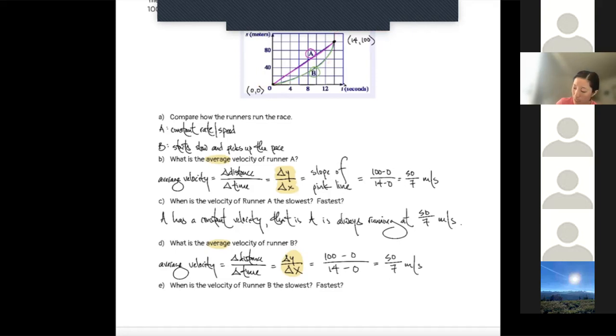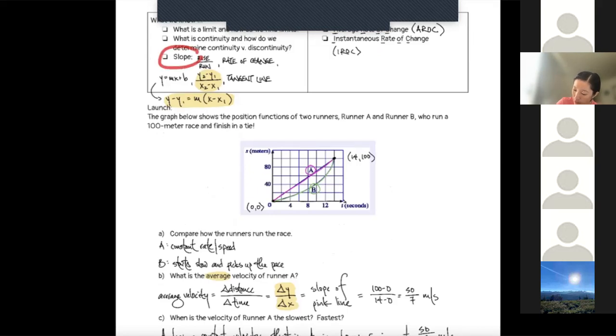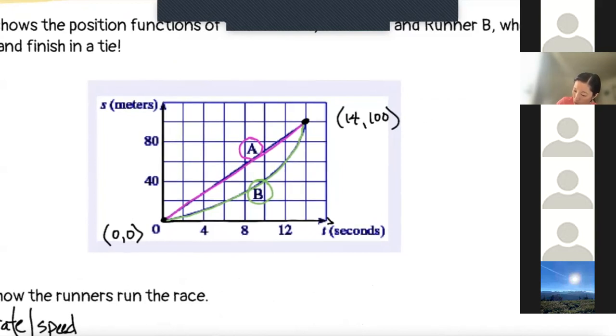I'm wondering how we can tie that back in to this word. How can we use the word slope to help us determine how slow or fast runner B is running? The slope at that point. I'm going to zoom into the graph a little bit more, okay? If we zoom in on this graph and look at the slope at the beginning, that's kind of flatter, right?